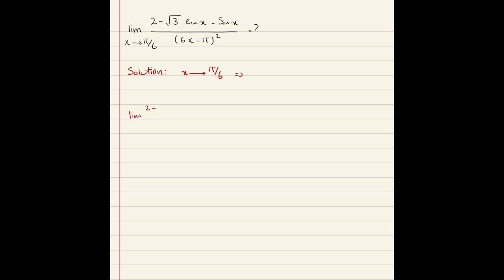So I'm going to write down the problem once more. Limit of (2 minus root 3 cosine x minus sine x) over (6x minus pi) squared, x approaching pi over 6.